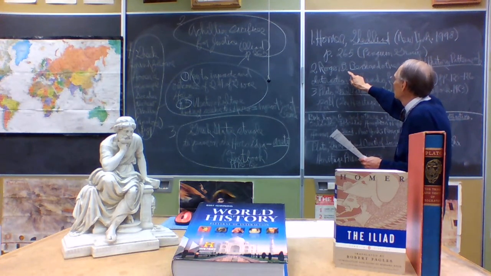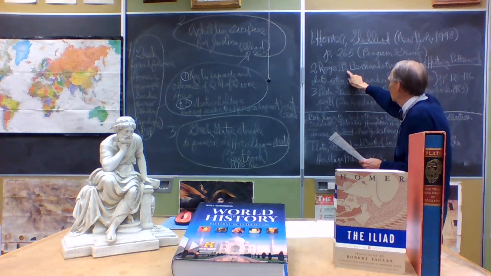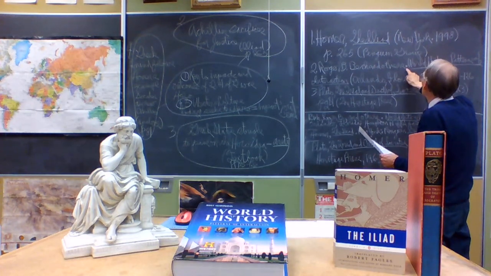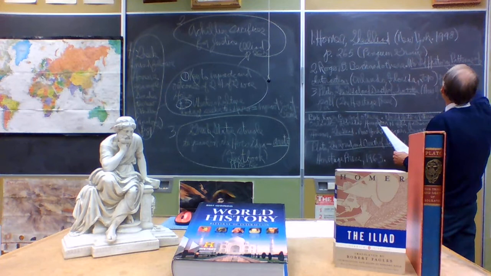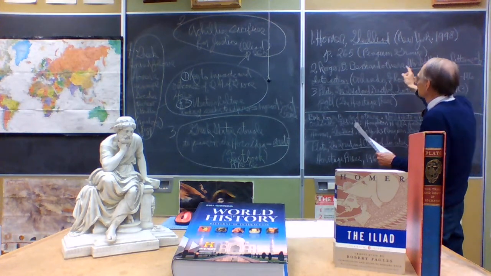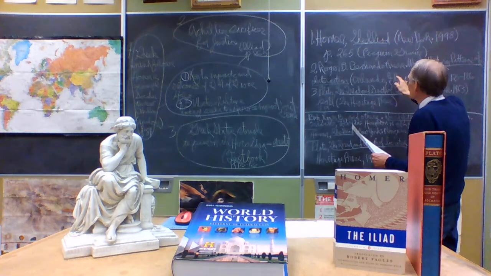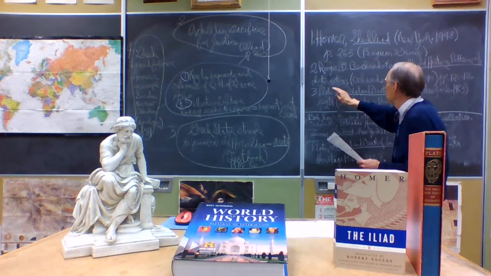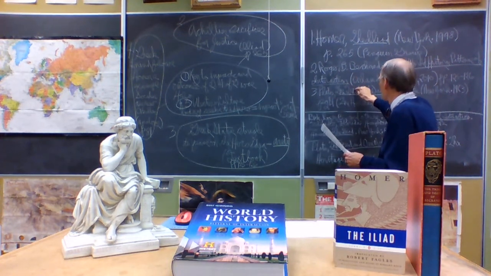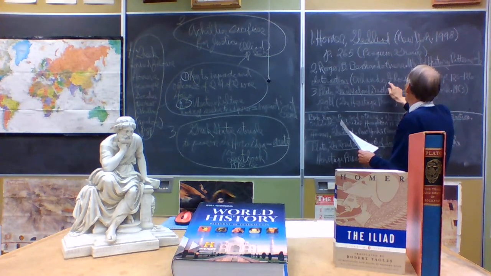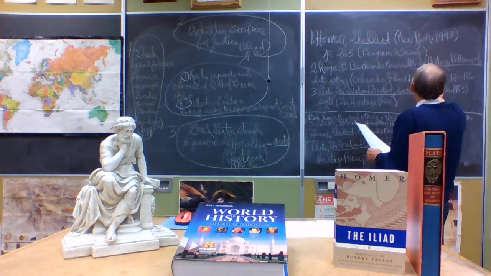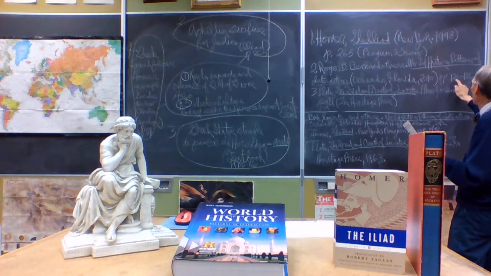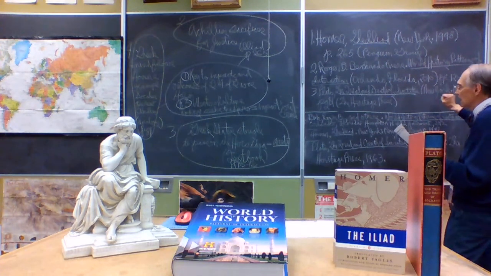Roger B. Beck, period after the B, and others, period, World History, Patterns of Interaction, parentheses, Orlando, Florida, 2010, pages, PP, is more than one page, 125-126.